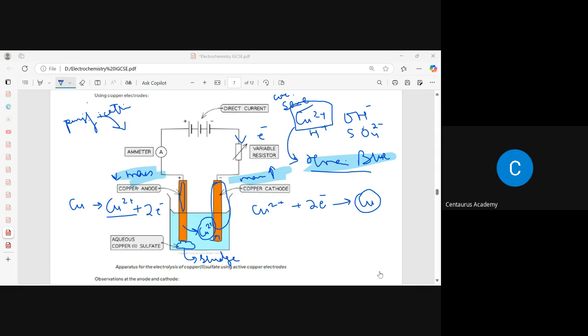So if the concentration of the copper 2 plus ions remains the same, the color will also be the same. If the concentration increases, the color is going to darken. If the copper 2 plus ion concentration decreases, the color is going to fade away, turn pale blue, or turn colorless.